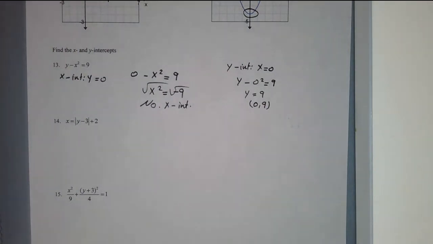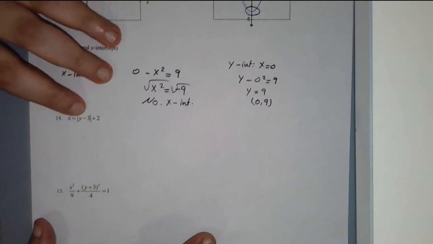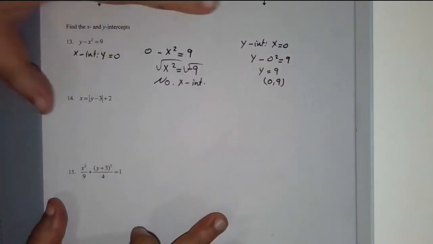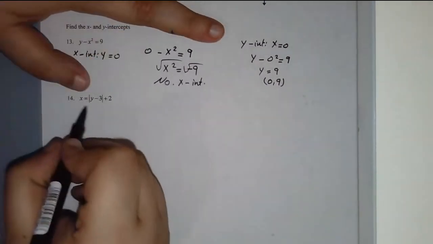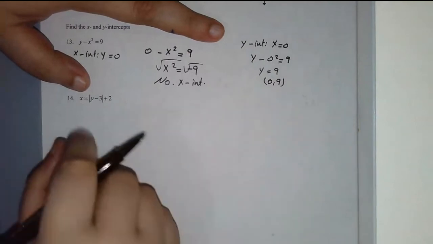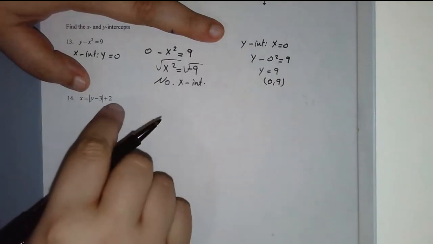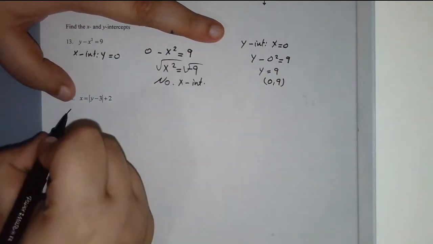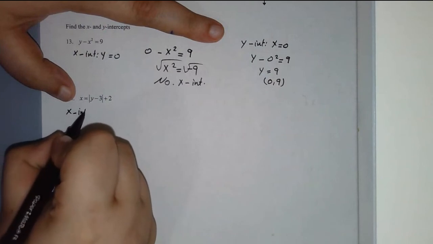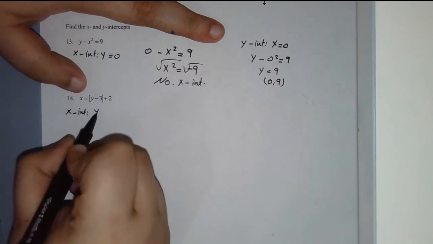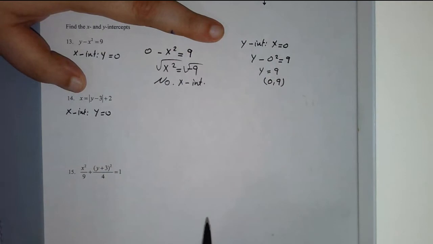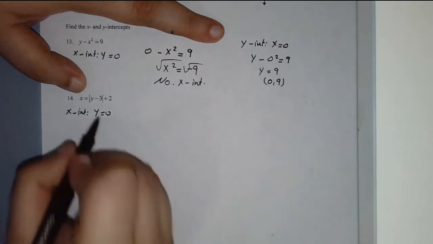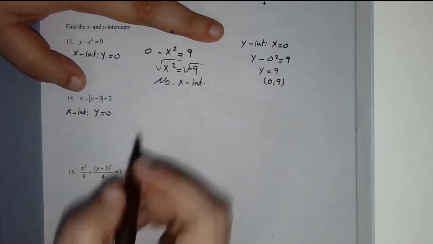All right, good. Okay, so let's do this one. Over here, we have x equals absolute value of y minus 3, plus 2. So first, we're finding the x-intercept. So for the x-intercept, y is what? 0. Okay, with that knowledge, let's plug it in.